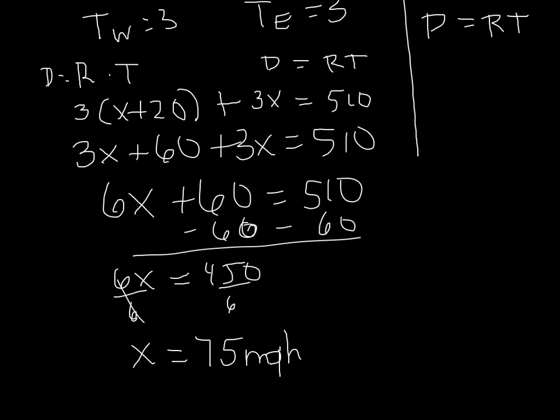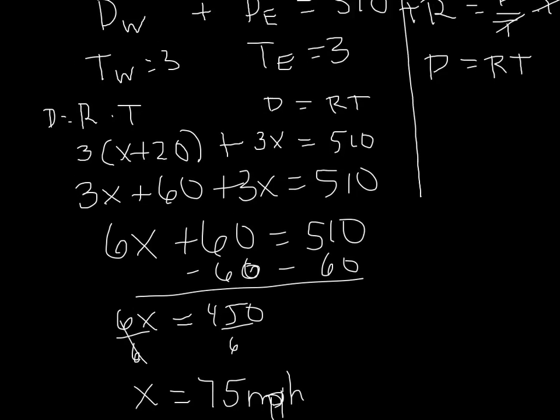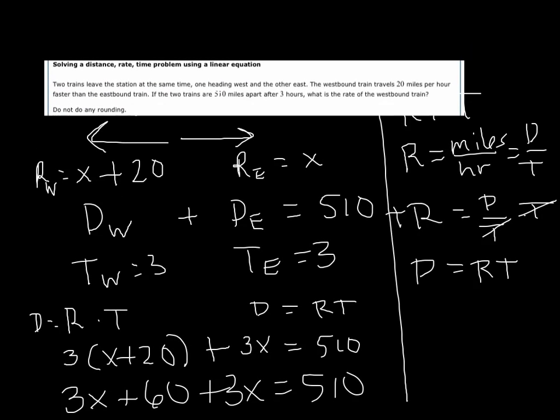But wait, that was a bad point. We need to go back up here and look. So x, see right here, x was the rate of the eastbound train, and what they wanted me to find is the rate of the westbound train.